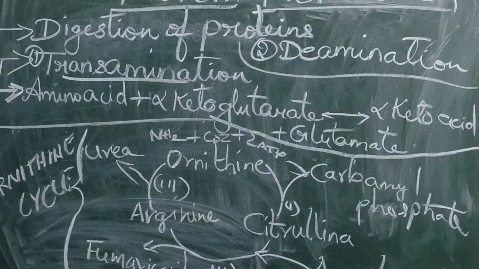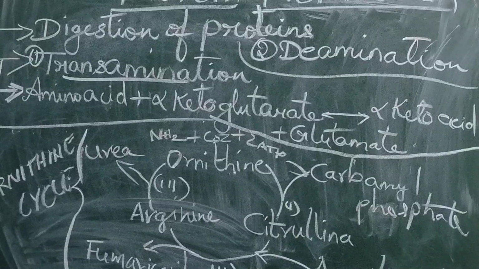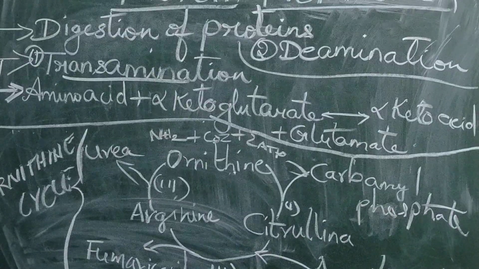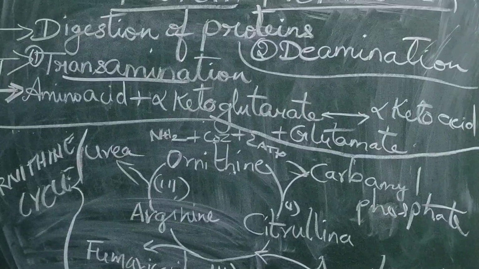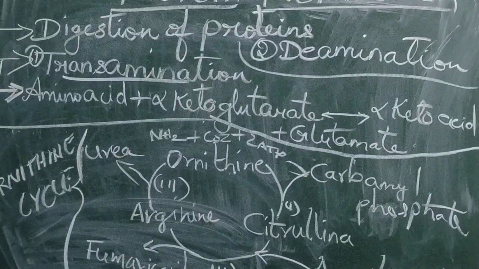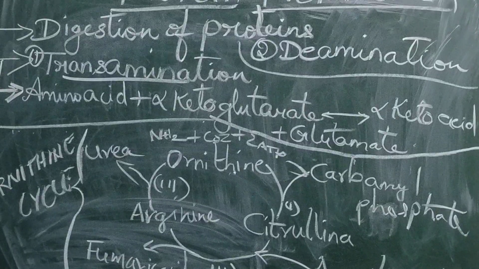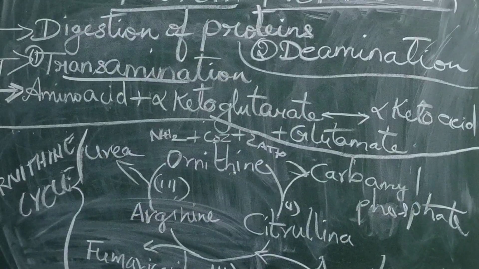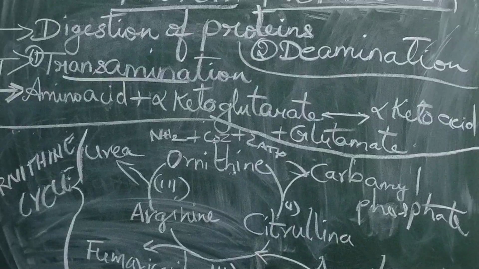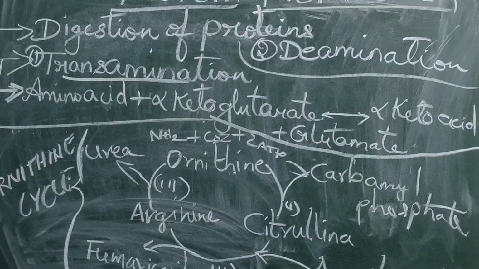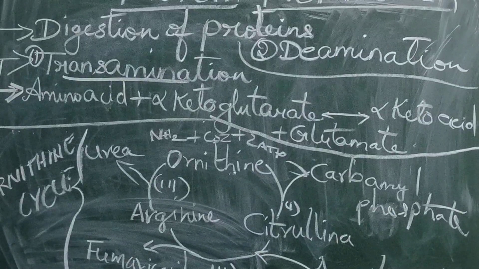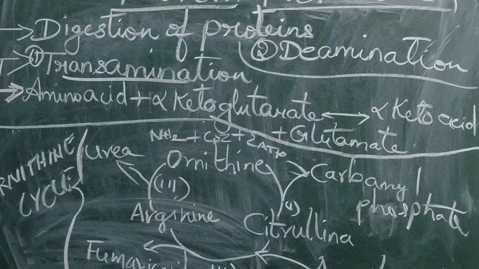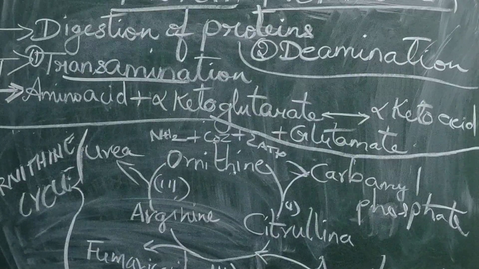When protein-rich foods enter the stomach, they are greeted by a mixture of pepsin and hydrochloric acid, HCl. We all know that. If we say it in a dramatic way, as the proteins enter the house of the stomach, they are greeted by the mixture of the enzyme pepsin and hydrochloric acid.